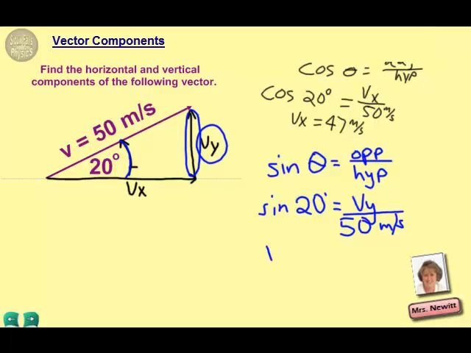And if we calculate that out, that leaves us with our v sub y of approximately 17 meters per second. So overall, if we take a look at our triangle here then, we have a horizontal velocity of 47 meters per second and a vertical velocity of 17.